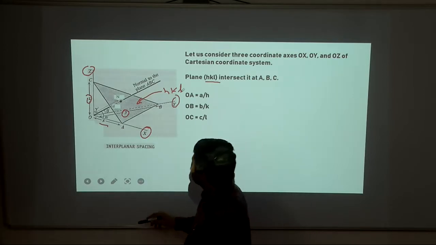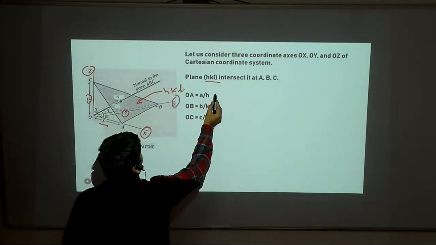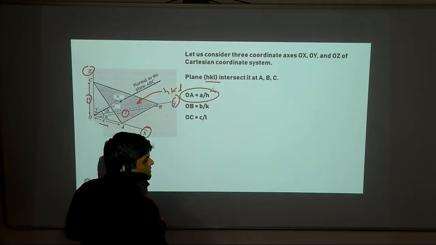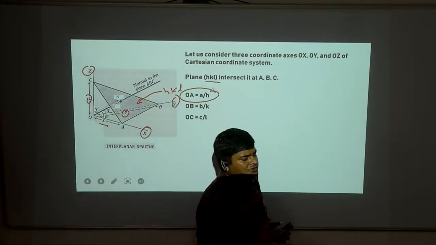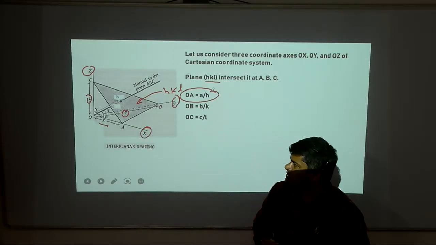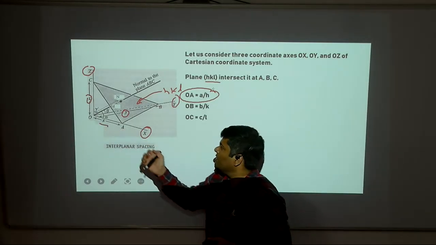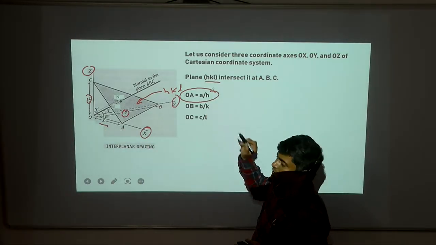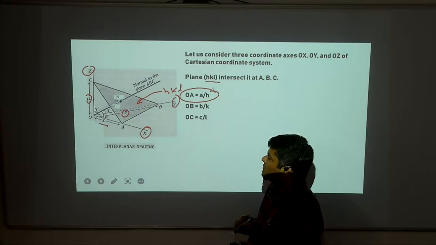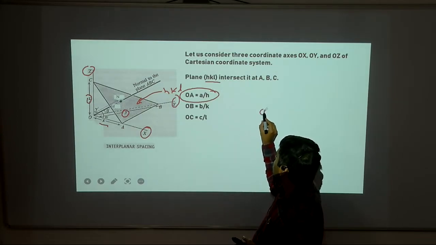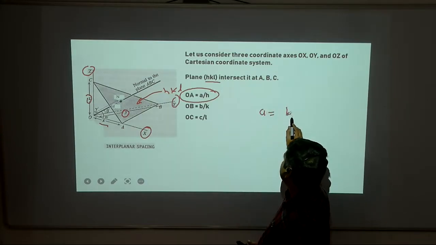Over here, by the definition of Miller indices, this intercept OA is a upon h. What is a? a is the lattice parameter, and b and c are also lattice parameters.